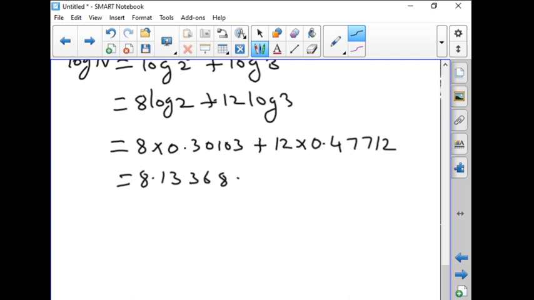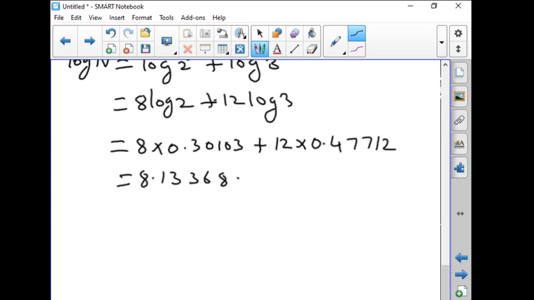If you have say 10 square, what is the value for 10 square? Log 10 square is 2. 10 is 1, 10 square 2, okay. So, how many digits are there? 10 square is 100.